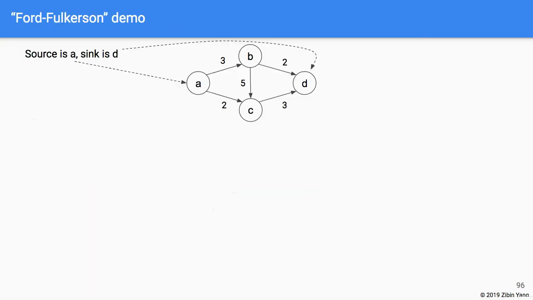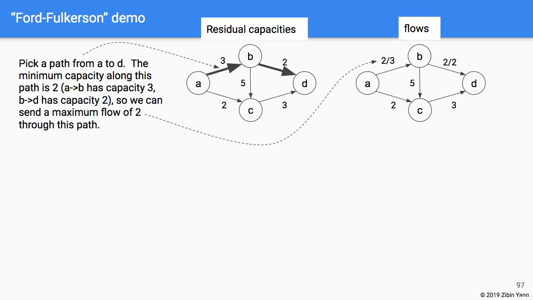So this is the simple network that we've been looking at. In this network, A is the source and D is the sink. So let's see how we find the maximum flow from A to D. Okay, so the algorithm says first, let's pick a path from the source A to the sink.